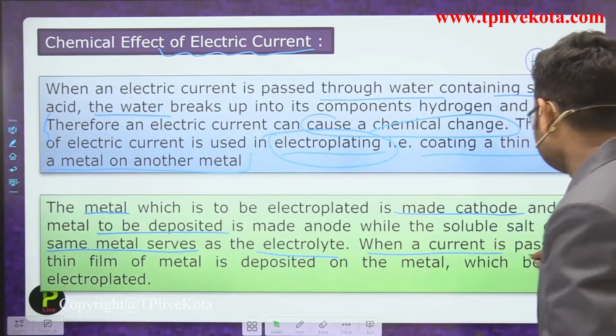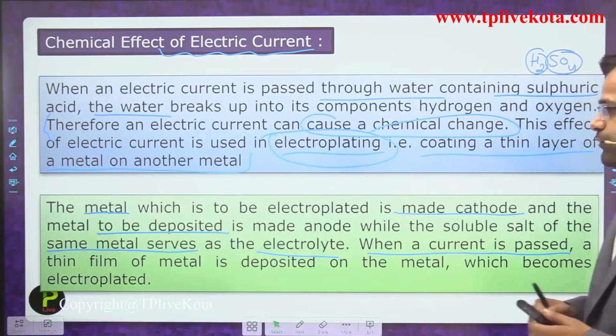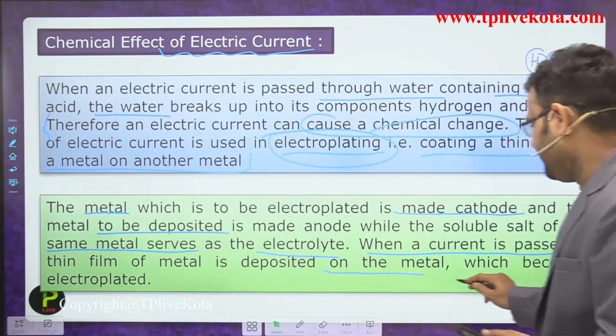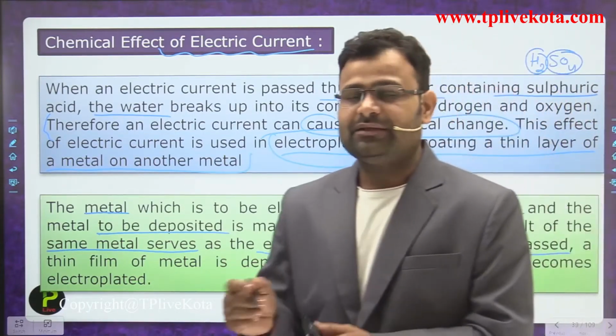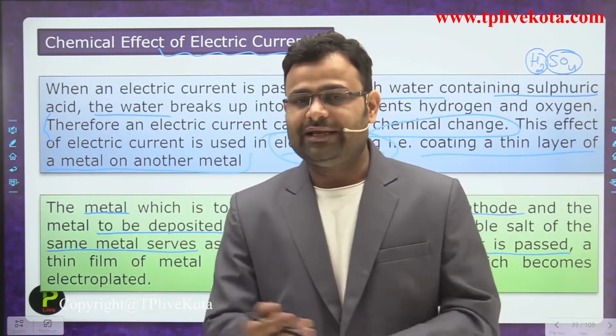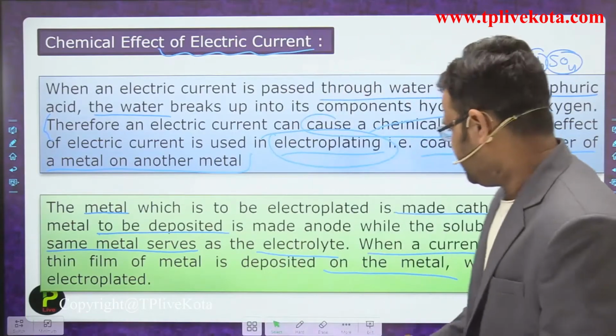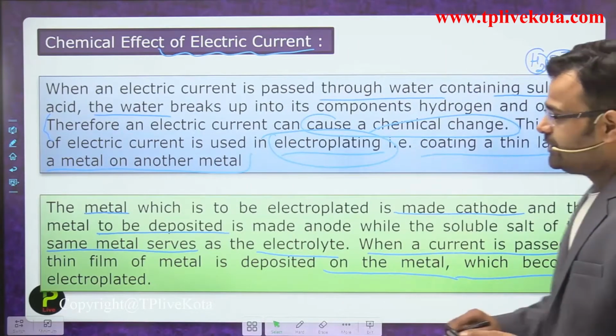When a current is passed, a thin film of metal is deposited on the other metal. When the current passes from the anode to the cathode, a thin layer is deposited on the other metal, which becomes electroplated.